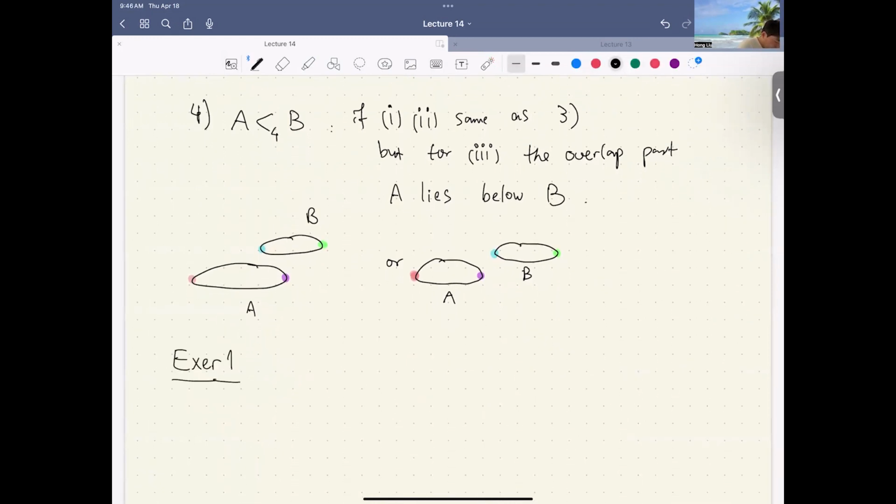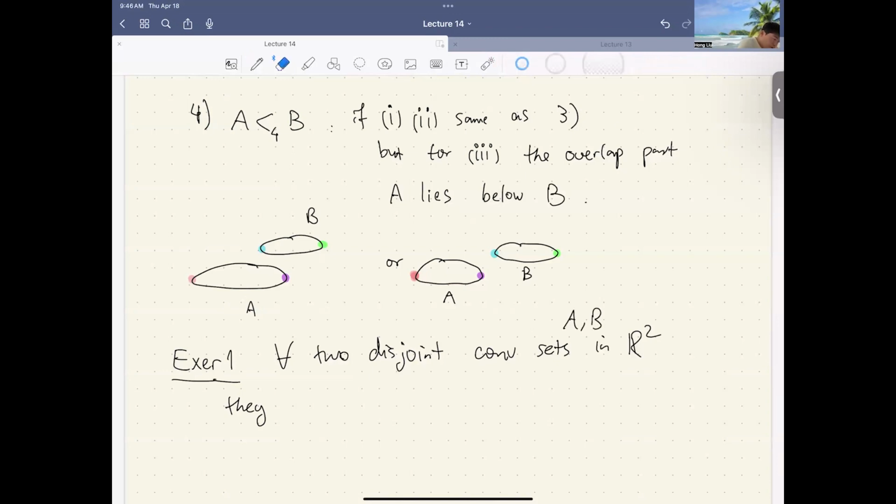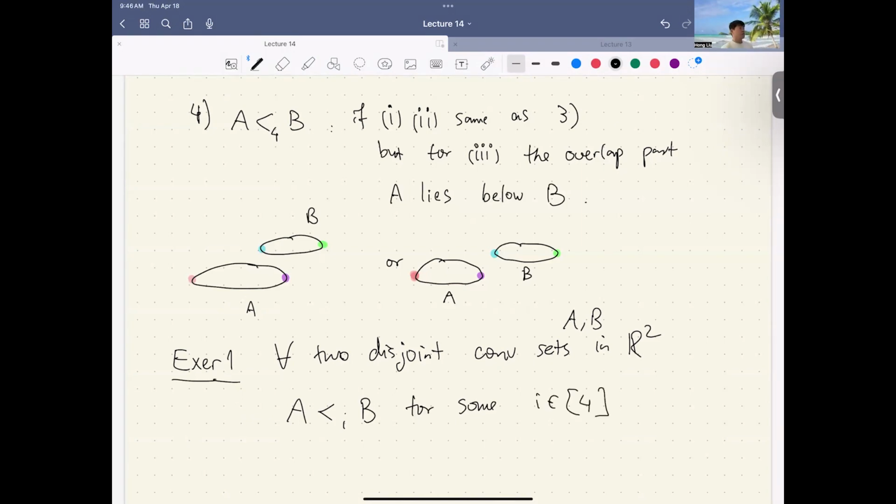Exercise 1: for any two disjoint convex sets A, B in R2, they must satisfy one of these, meaning A is less than B for some i in these 4 posets.